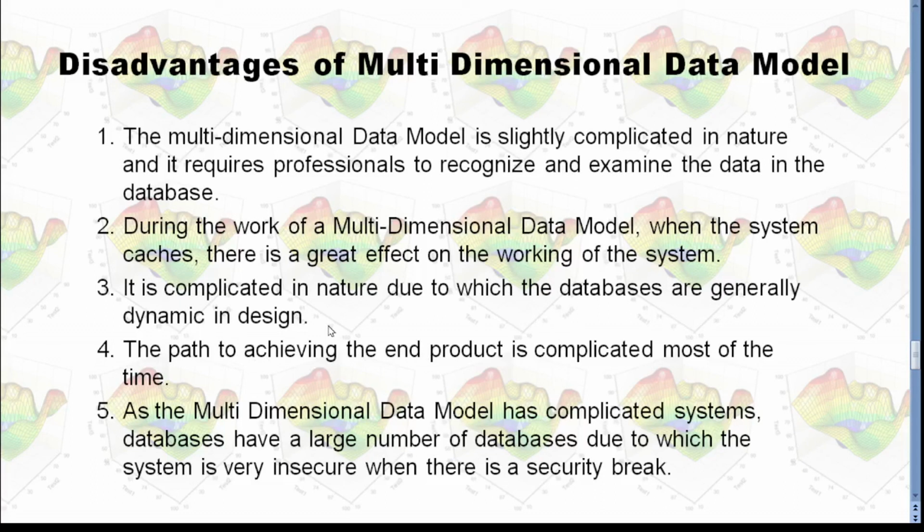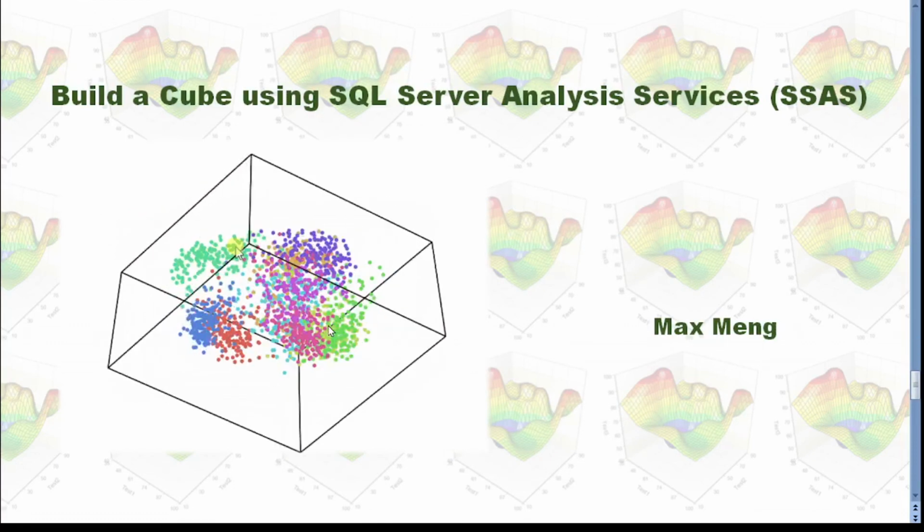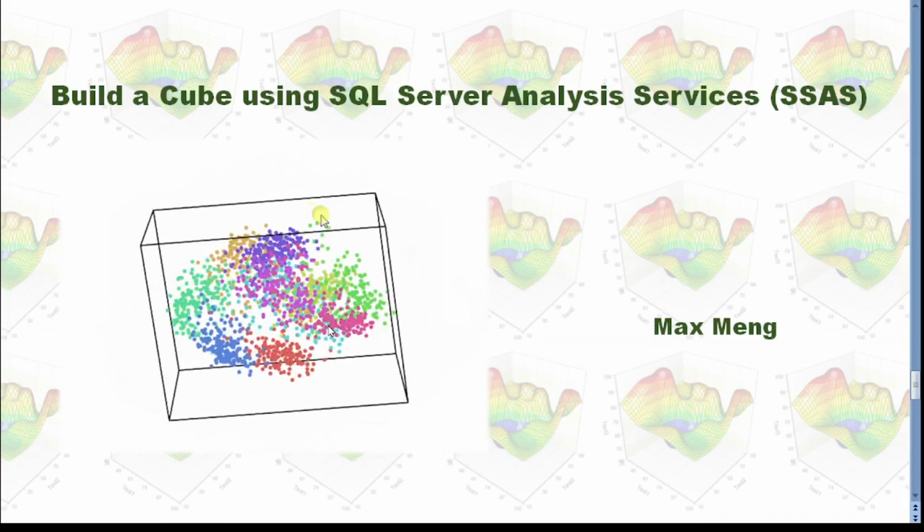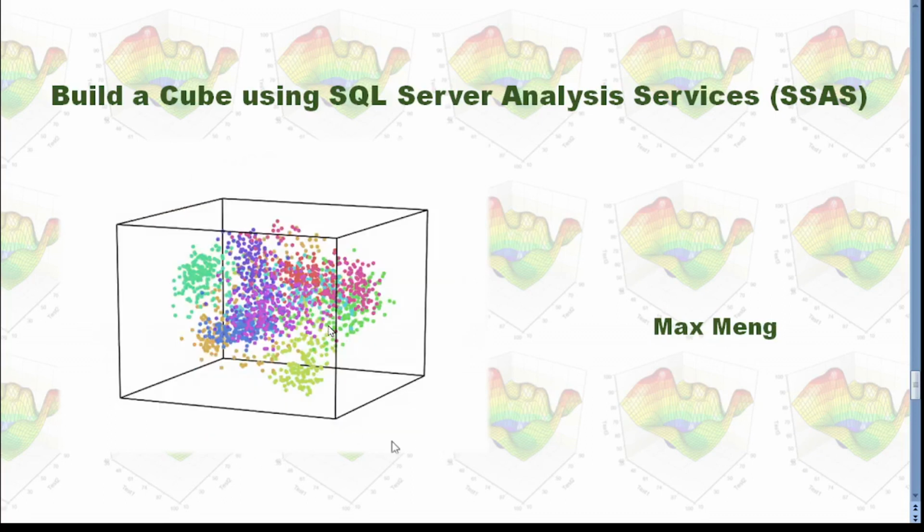But again, this multi-dimensional data model can provide you more powerful, more flexible reporting analysis ability than the traditional relational database model. This is how you can build a cube using SQL Server analysis services.